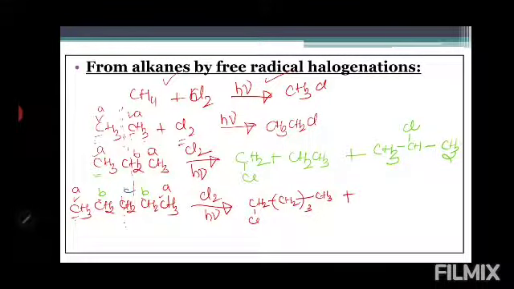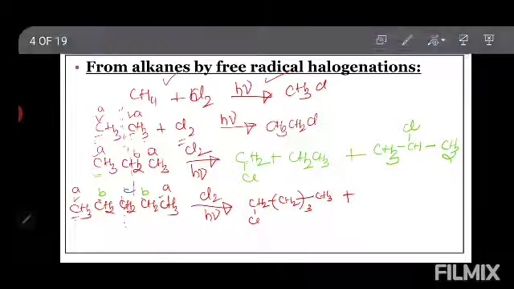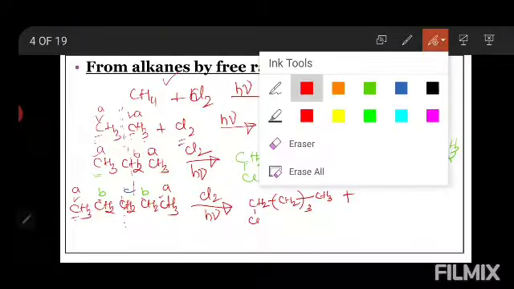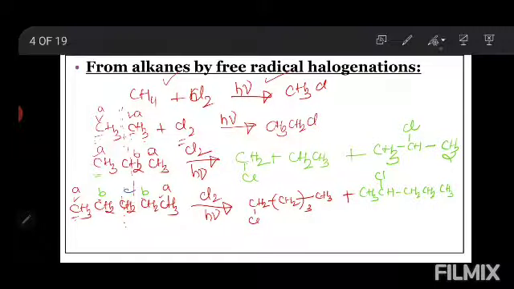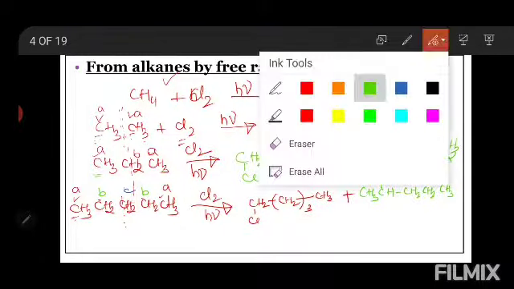Now if the hydrogen is replaced from B, what product do you get? CH3, then CHCl, then CH2, CH2 and CH3. This is another product when the hydrogen is replaced at carbon B.